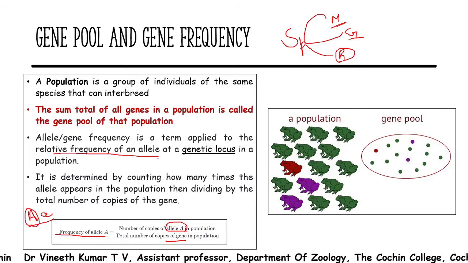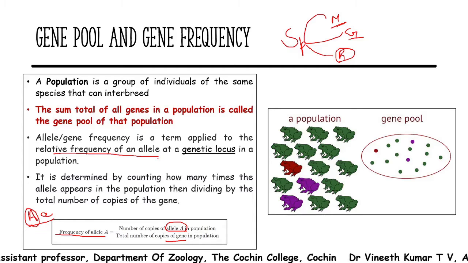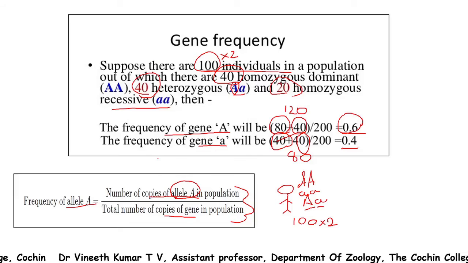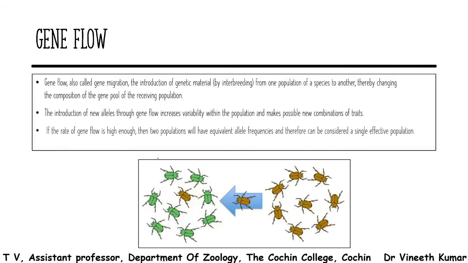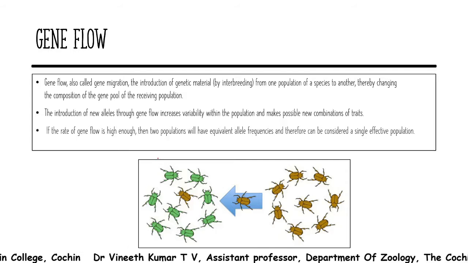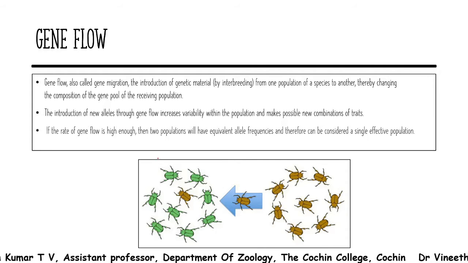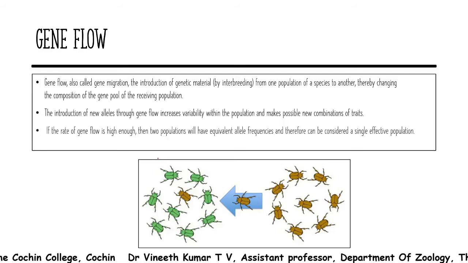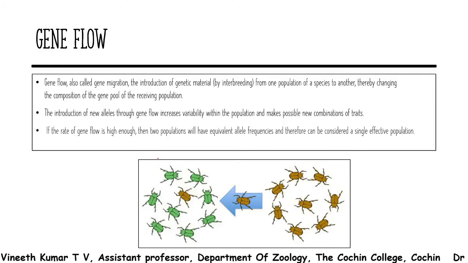Okay, so we have discussed these two terminologies, what is a gene pool and what is a gene frequency. And now coming to another phenomenon which is seen in a population, which is called gene flow. So gene flow is nothing but migration.